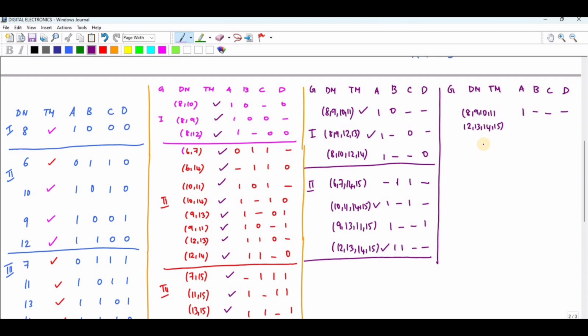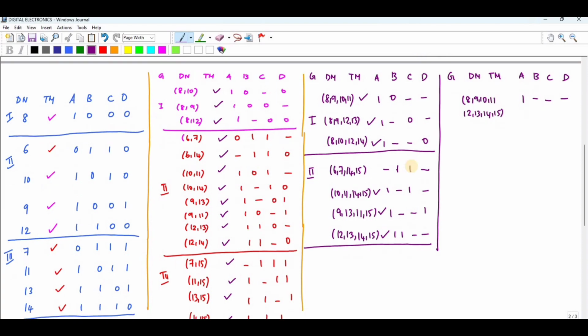Next I can choose 8, 10, 12, 14 and 9, 13, this is also similar. Okay, so that's it.